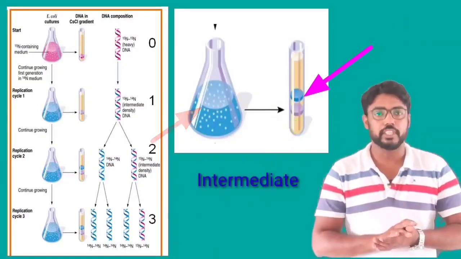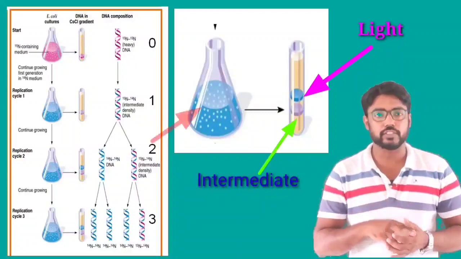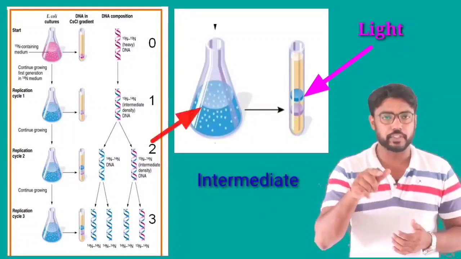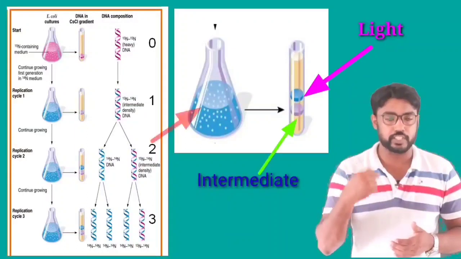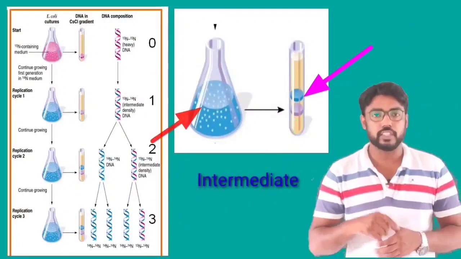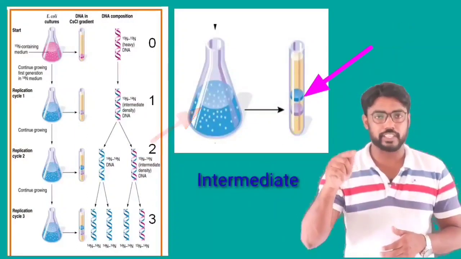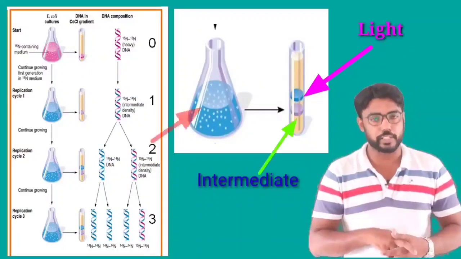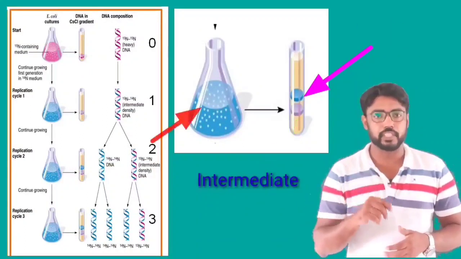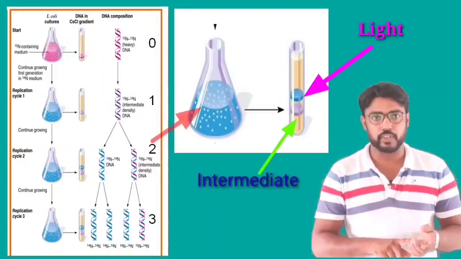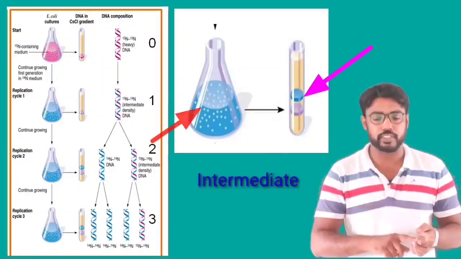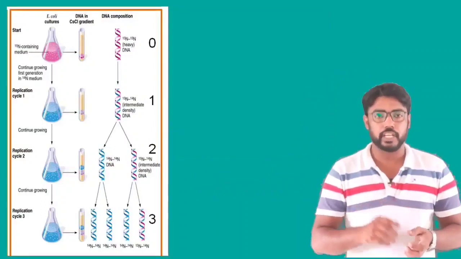This time, two bands formed. One was similar to that appearing in the first generation, the middle band, and one additional band appeared, the light band, which is lighter than the middle band. In the first generation only one band was seen, the middle band.